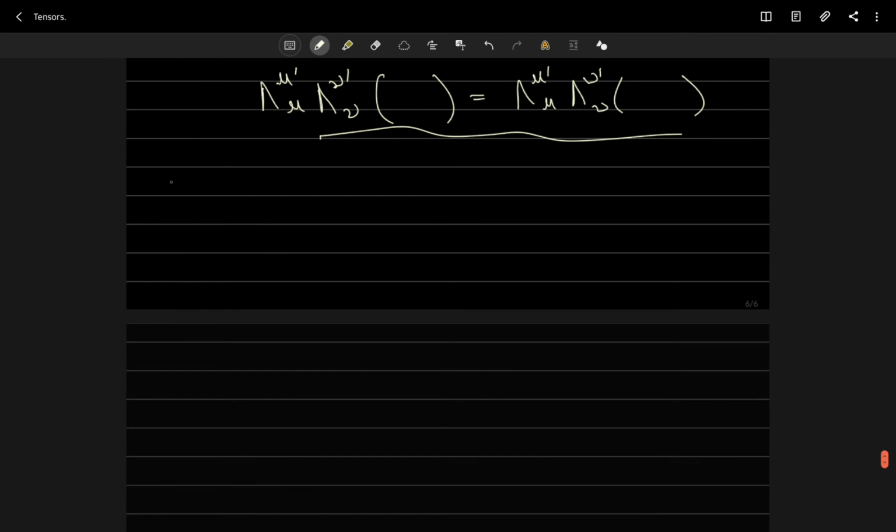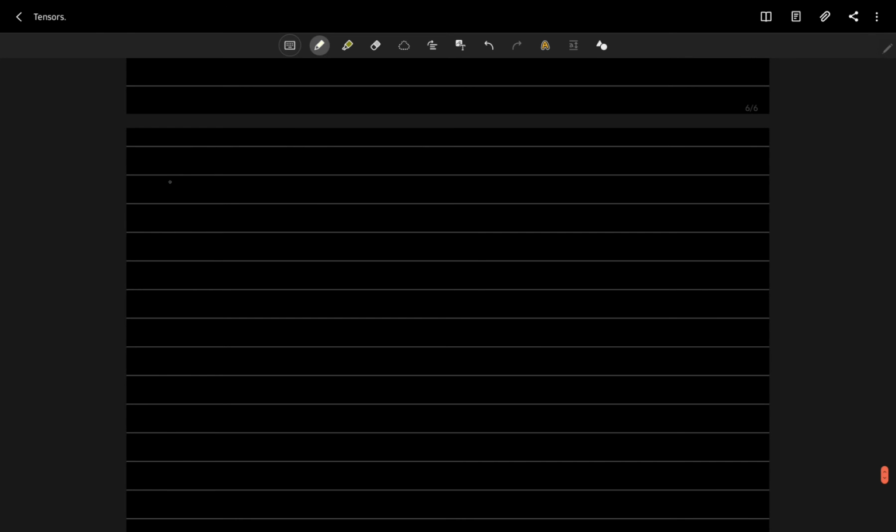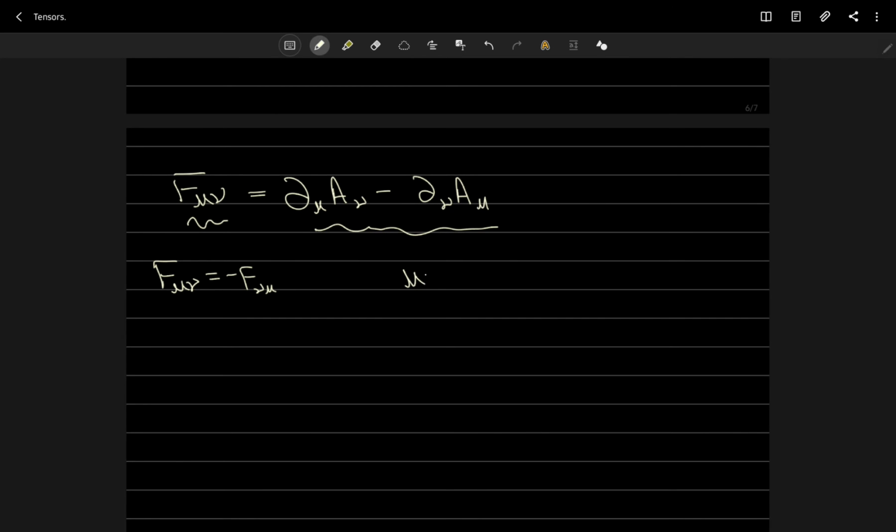Say you have, let's go down over here, F mu nu, and we know the electromagnetic field strength tensor is equal to partial mu A nu minus partial nu A mu, correct? If you look at this, F mu nu is equal to negative F nu mu. That just means that it is anti-symmetric, and for this one we have mu nu equals negative nu mu.